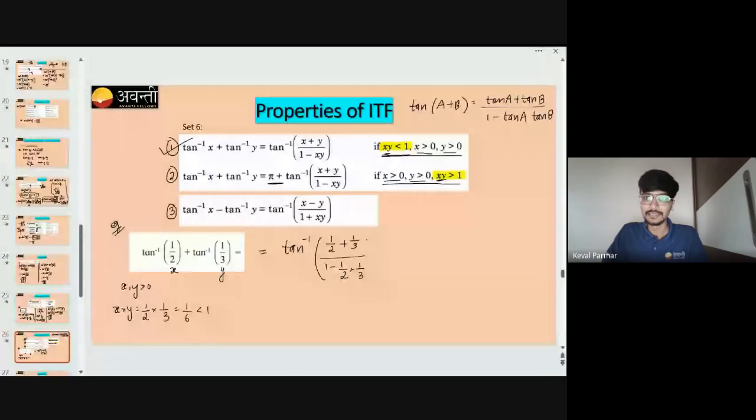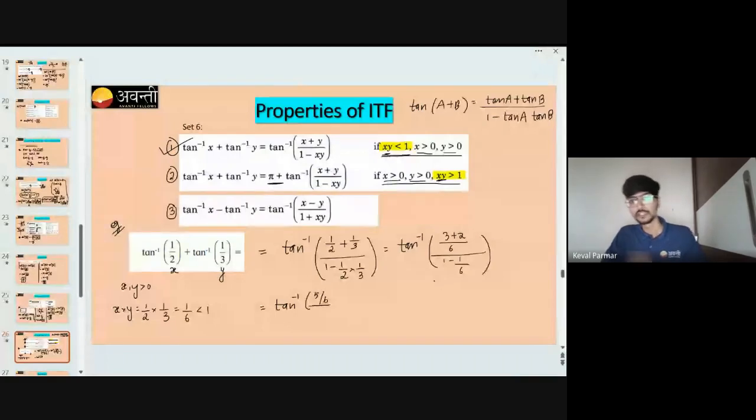So this will be tan inverse of, if you take the LCM, the whole upon 1 minus 1 upon 6. So what will I get from here? I will get tan inverse of 5 by 6 upon, here also if we take the LCM, we will get 6 minus 5, which is 5 by 6. So these all will get cancelled and we will be left with a very beautiful number, which is tan inverse of 1.